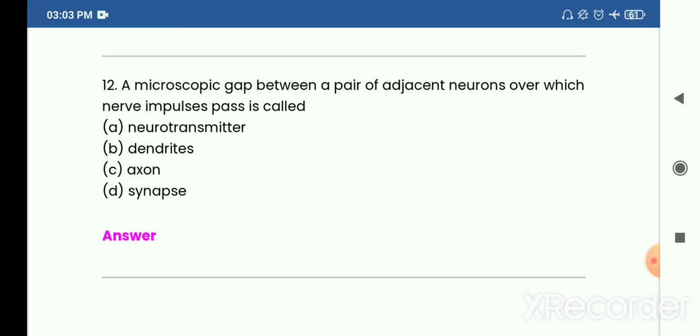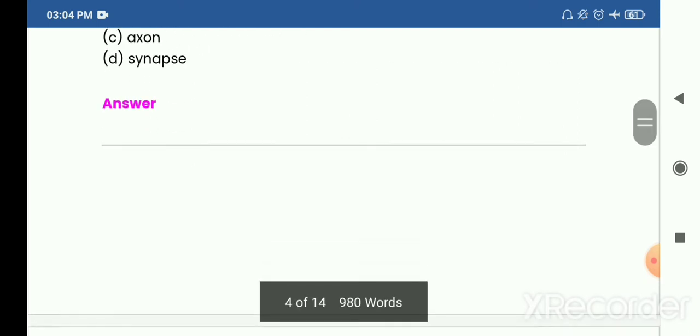A neurotransmitter is a chemical that transports the impulse from one neuron to another neuron, like acetylcholine, but here the appropriate answer is option D, that is synapse. It is the gap between two adjacent neurons, between the end part of the axon terminal and the starting part of the dendrite.